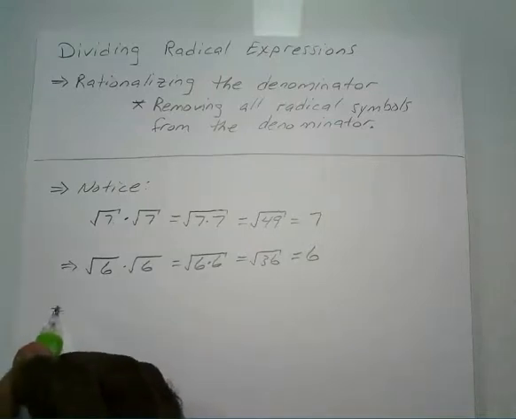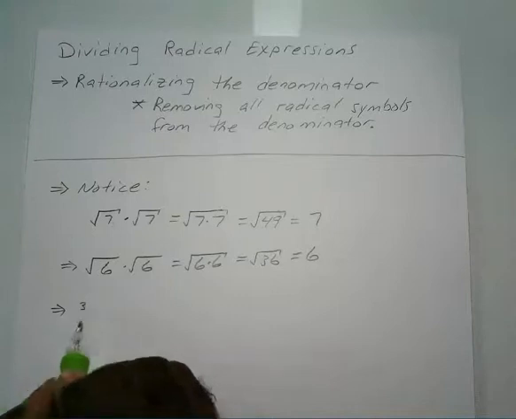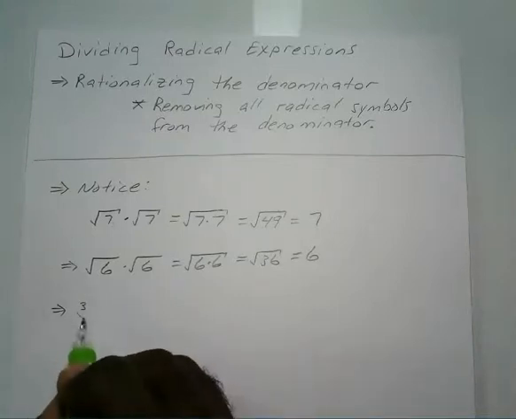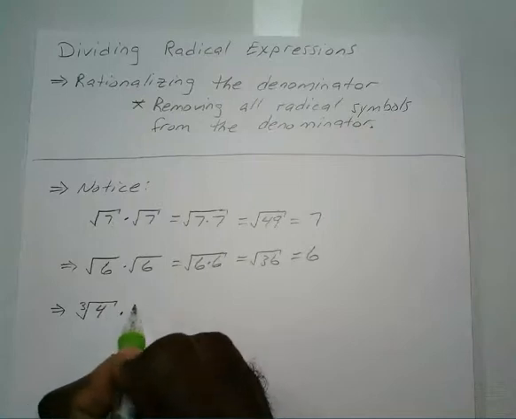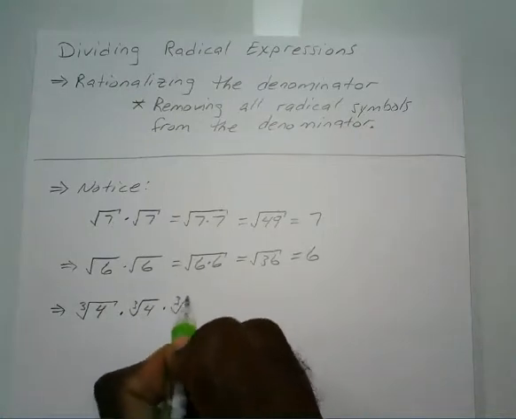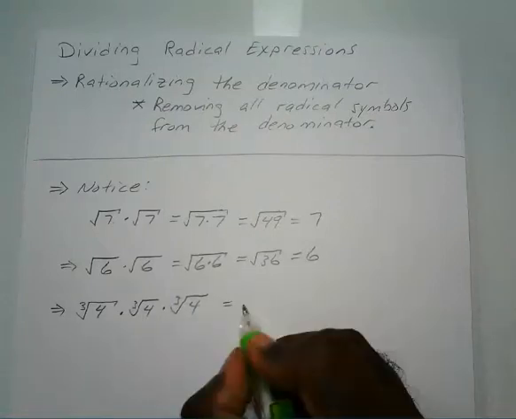Okay, now what if we had a cube root value? So let's say we had the cube root of 4 times the cube root of 4 times the cube root of 4. Okay, they all have the same index, so we can just combine them under the same root symbol.